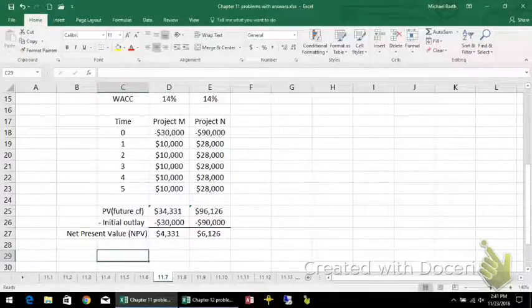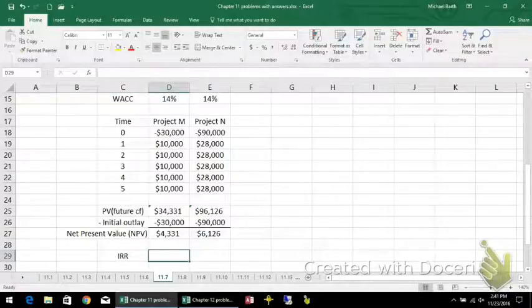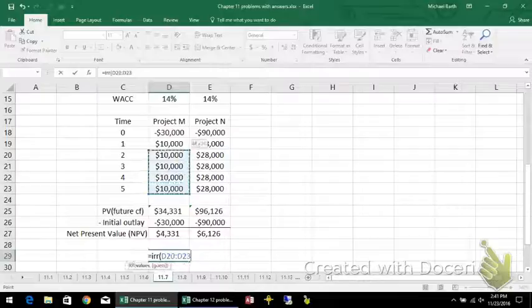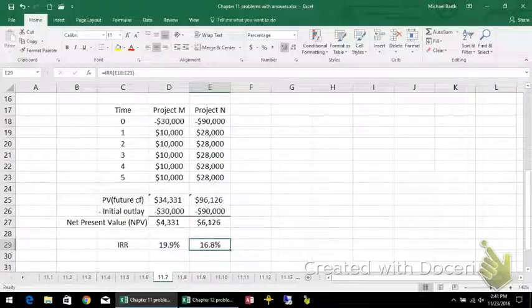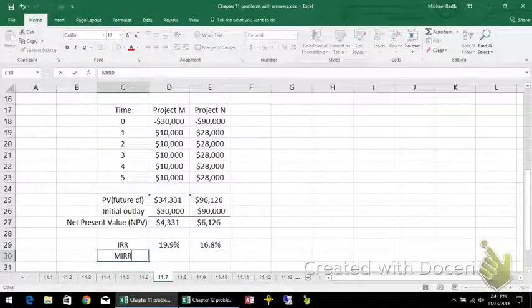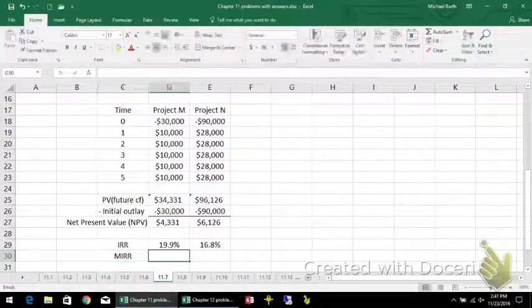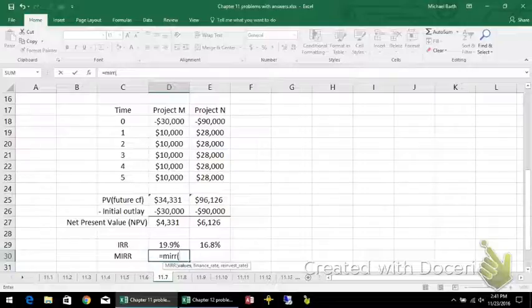All right, so the IRR for both of these equals IRR, and then highlight cash flows from period 0 through period 5. So this includes the initial outlay. And I like to add a decimal point or two. 19.9, 16.8. The MIRR, you calculate more or less the same way.